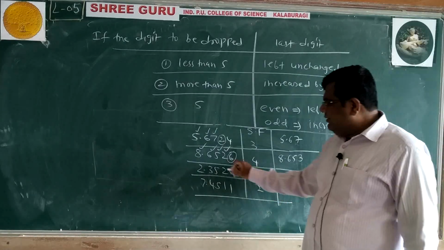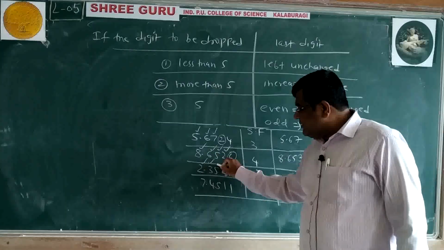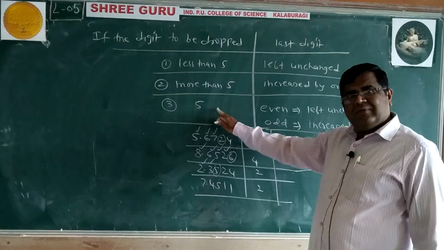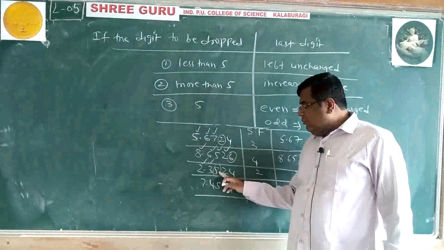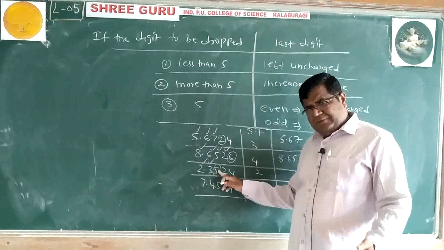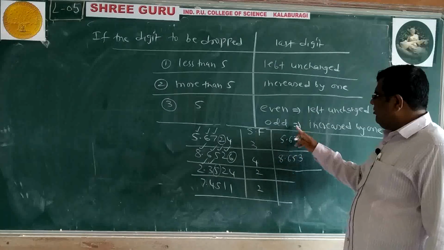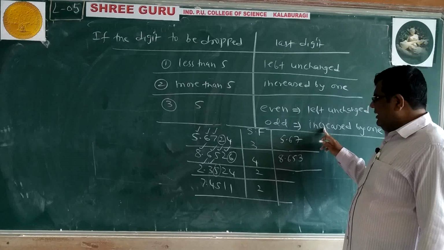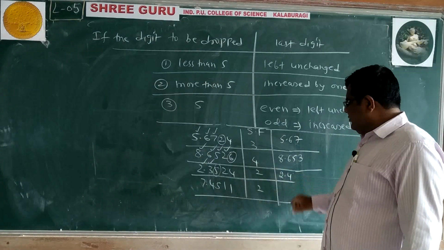Only 2 we need. This 2 we need. This is to be dropped, and the digit to be dropped is 5 now. So if the digit to be dropped is 5, we have to see the number before it, 3 here. The 3 is an odd number, and that's why we have to increase it by 1. So we write it as 2.4.